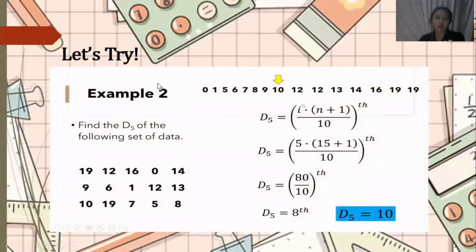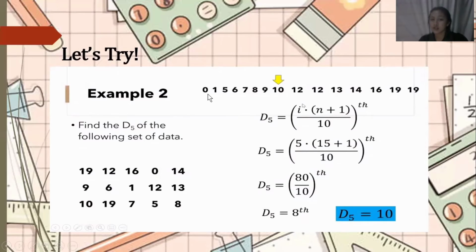Here is example number 2. So, sabi dito, find the decile 5 of the following set of data. The data given are 19, 12, 16, 0, 14, 9, 6, 1, 12, 13, 10, 19, 7, 5, and 8.